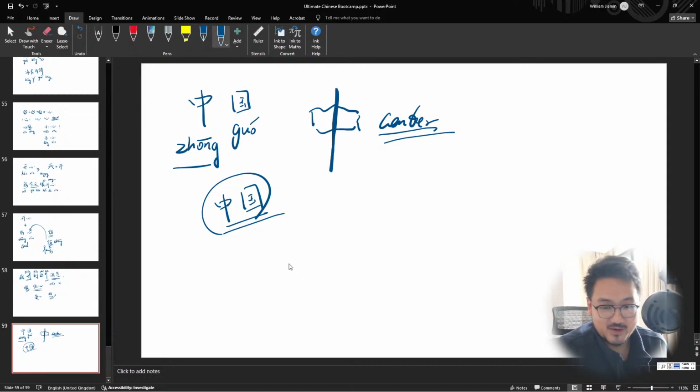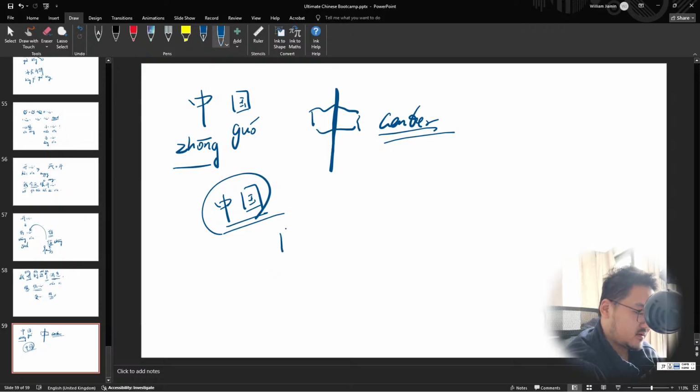It's called China. But Chinese people actually call themselves the center kingdom, the middle kingdom, the center country. 中国. And yeah, that's the cultural difference here.